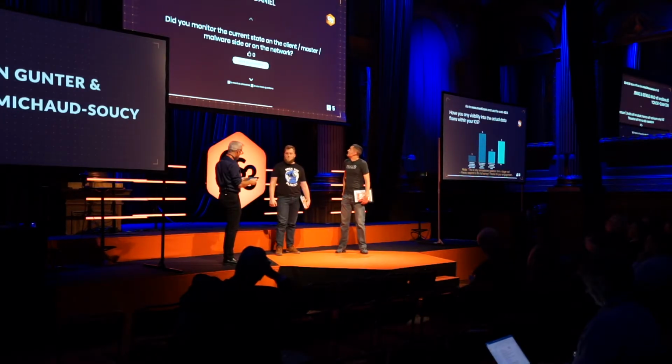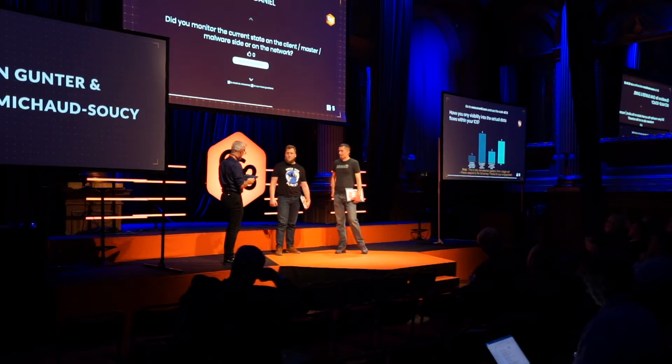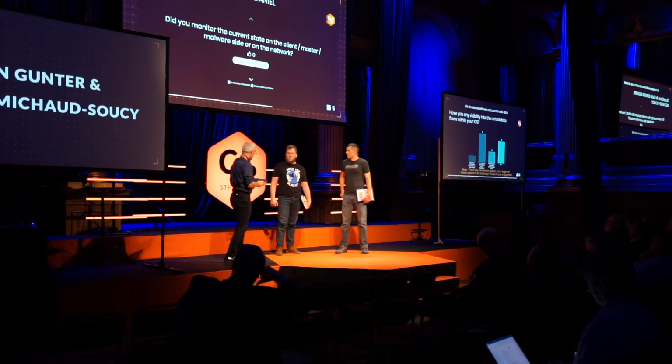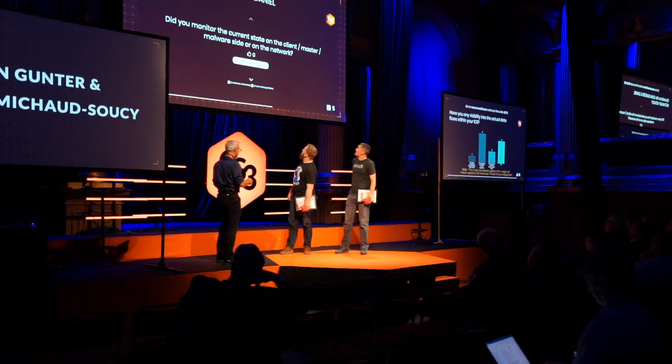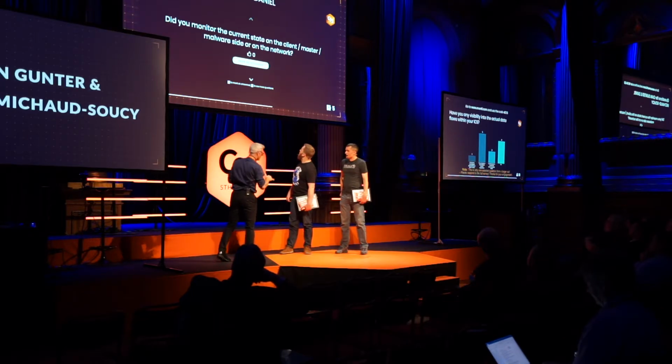So did you monitor the current state of the client master malware on the malware side or on the network? I'm not sure I understand the question. Well, I think that you already answered that. I think that you monitor the network, right? We did both. We were on both because it was running in our lab, and we work a lot both on the host log and on the network log. So we did see both sides as we were testing.